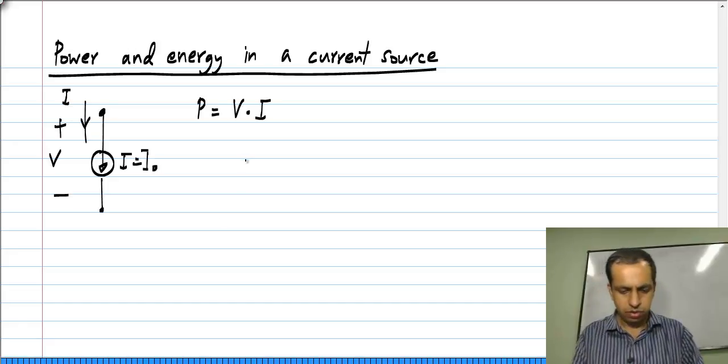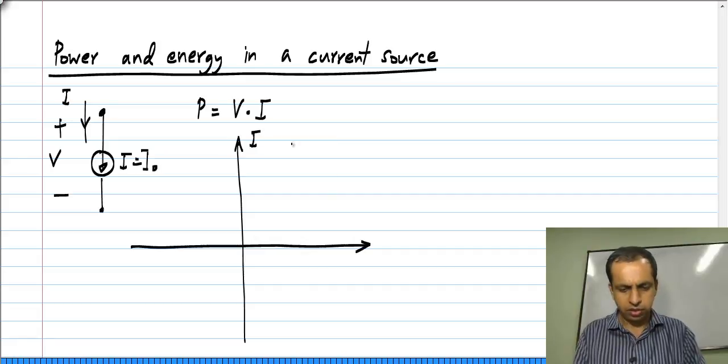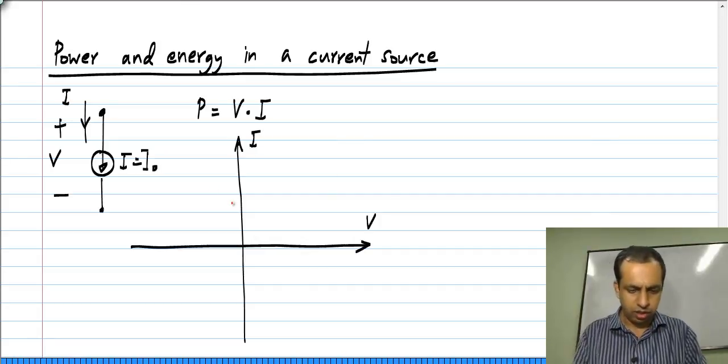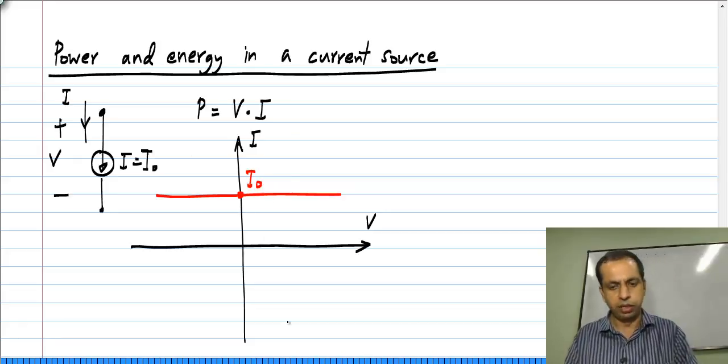Now, the IV characteristics of a current source are like this. I have assumed that this I naught, the value of the current source, is positive, but of course, it could well be negative.